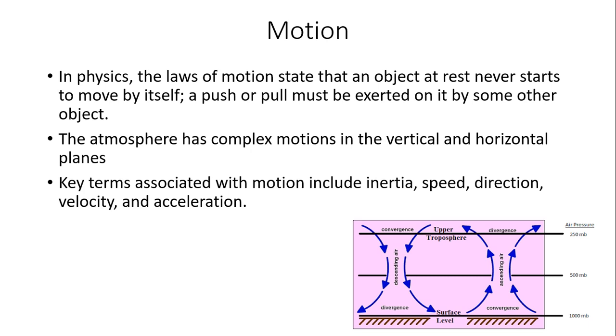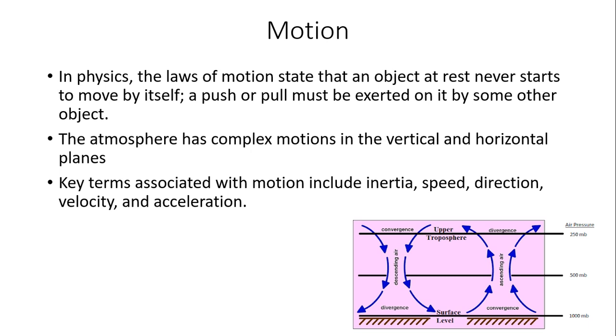The atmosphere has complex motions not only in the vertical on a hot summer day, but also in the horizontal planes. The key terms associated with motion that we're going to go over include what's known as inertia, speed, direction, velocity, and acceleration. The bottom right graphic or image there shows the motion that goes on in the atmosphere.